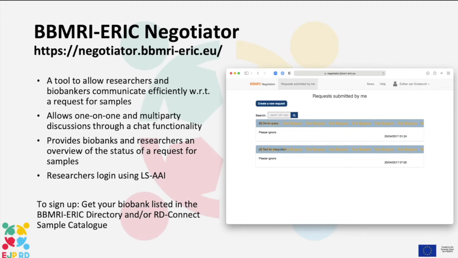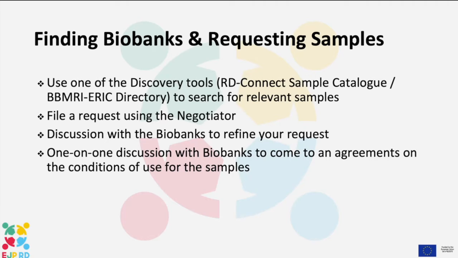And so the process of finding biobanks and requesting samples is that you start out with one of the discovery tools, the RD Connect Sample Catalogue or the BBMRI-ERIC Directory, to search for relevant samples. You can do this, for instance, on the basis of disease or type of material.